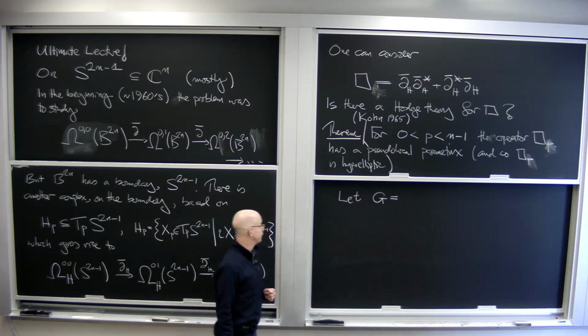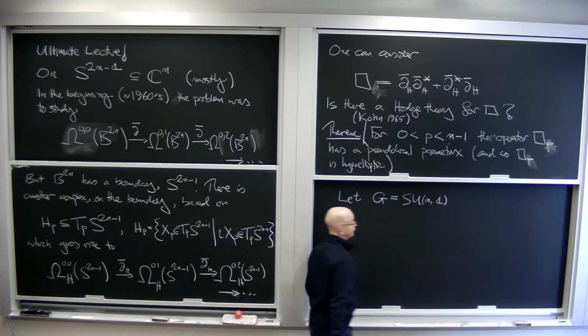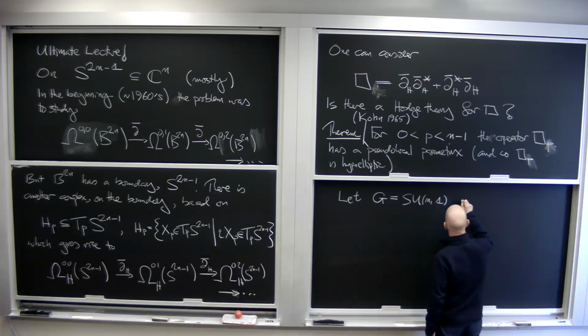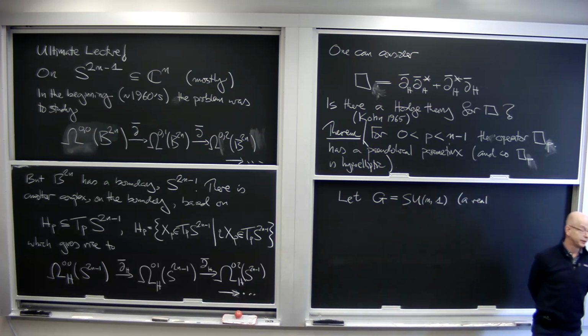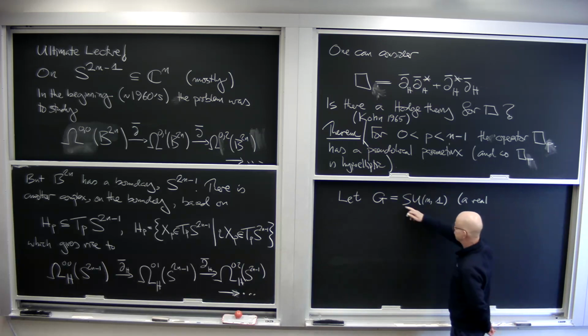But anyway, let G be SU(n,1), which I'll tell you what it is in just a moment. I could use U(n,1); the S always means some matrix has determinant 1, and that's not really the issue in this discussion.